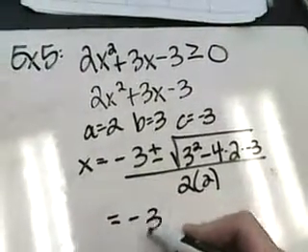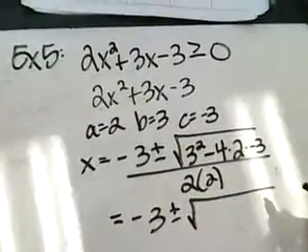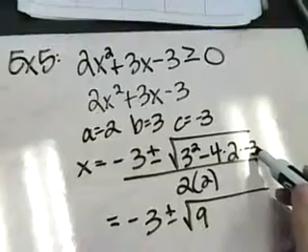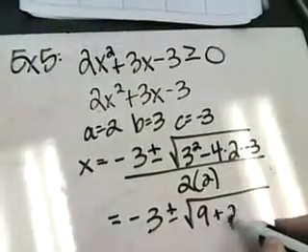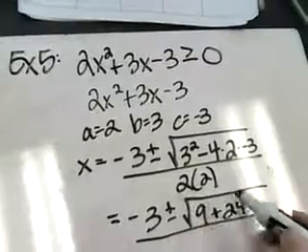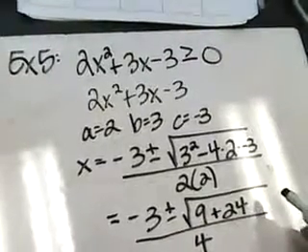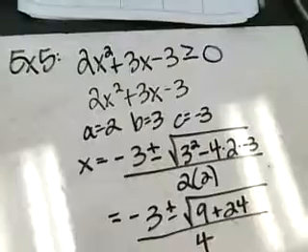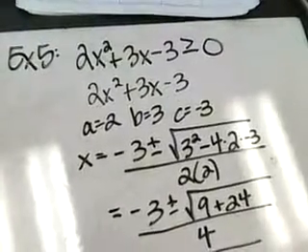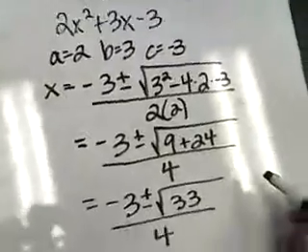If I clean that up, I've got 9. 2 negatives make a positive, 12 plus 24. 4 times 2 is 8, times 3 is 24. 2 times 2 is 4. That gives me -3 plus or minus the square root of 33 over 4.